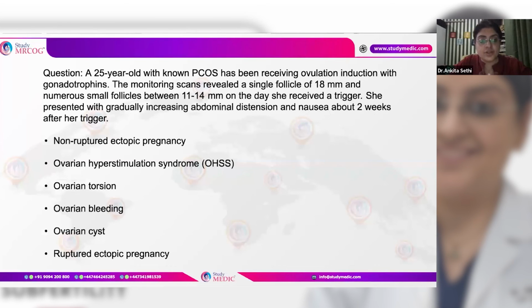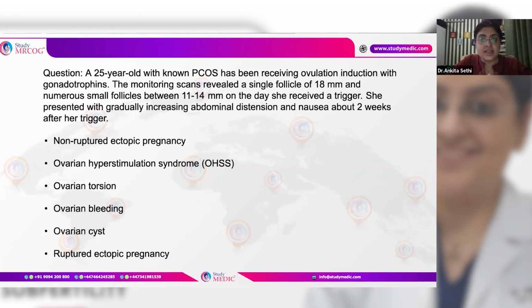So the next question is, a 25-year-old woman with known PCOS has been receiving ovulation induction with gonadotropins. The monitoring scan revealed a single follicle of 18 millimeter, numerous small follicles between 11 to 14 millimeter on the day she received a trigger. She presented with gradually increasing abdominal tension and nausea about 2 weeks after her trigger.